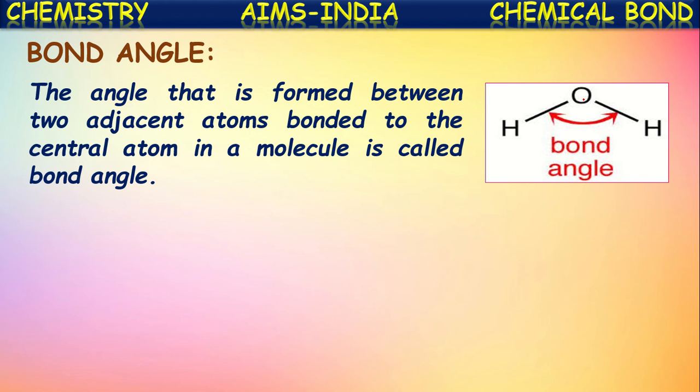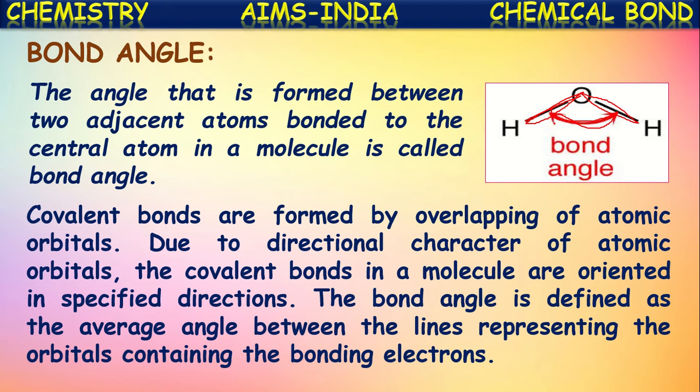Now the angle that is formed between the adjacent hydrogen atoms in this molecule with the central atom is called bond angle. So here the angle created between the two hydrogen atoms with respect to the central atom oxygen is called bond angle. The angle that is formed between the two adjacent atoms bonded to the central atom in a molecule is called bond angle.